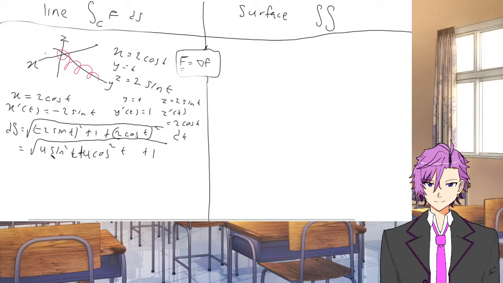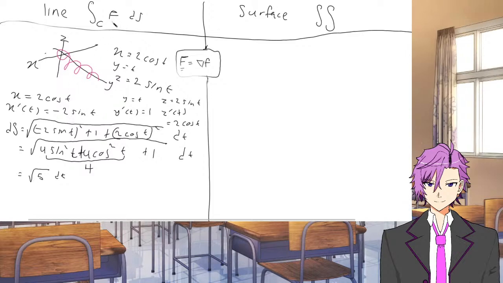The identity sine squared t plus cos squared t equals 1, but there's a 4 here, so we change this to 4 plus 1. So this would be square root 5 dt.